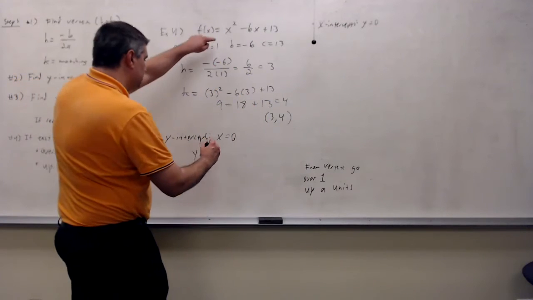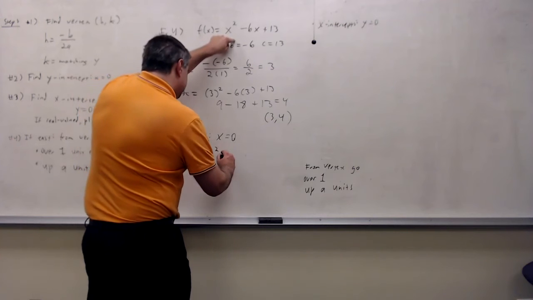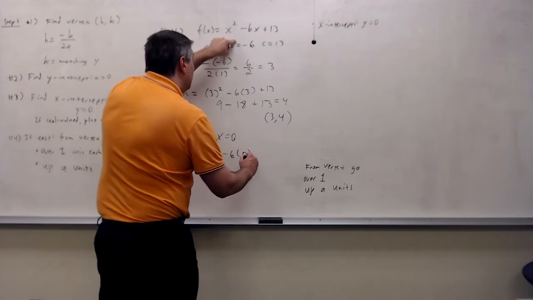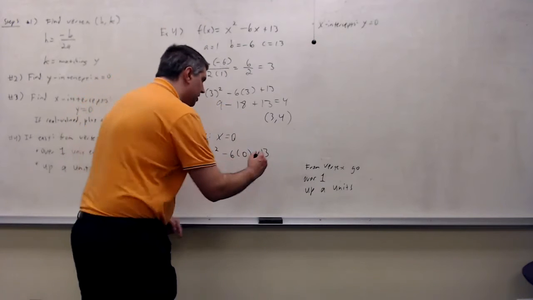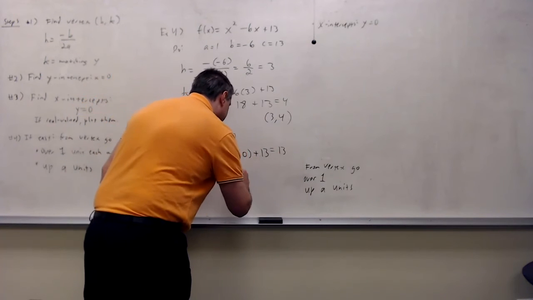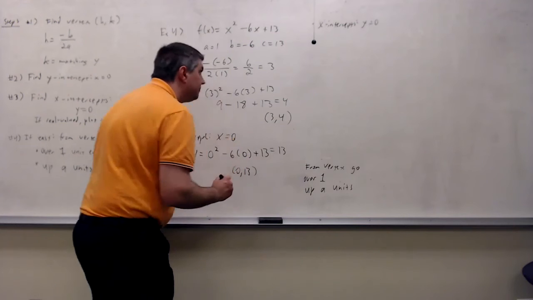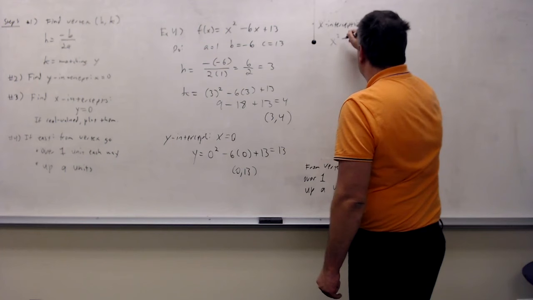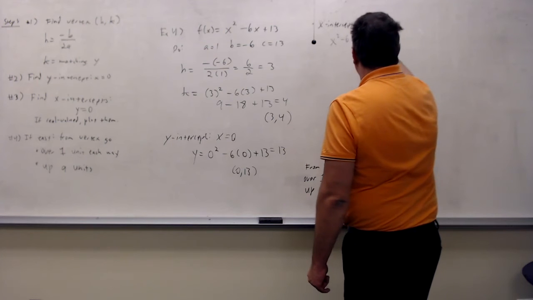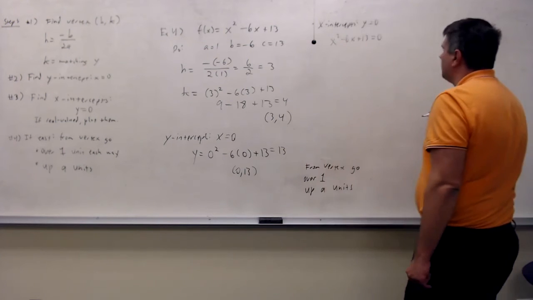So that's going to be 0 squared minus 6 times 0 plus 13. 0 minus 0 plus 13 is just 13. So it's (0, 13).